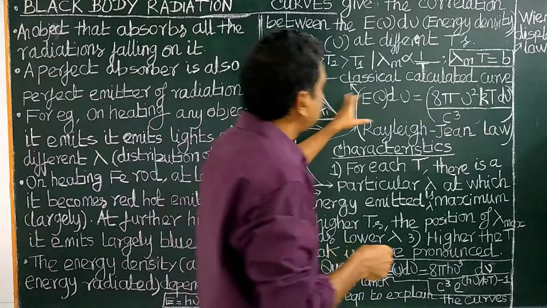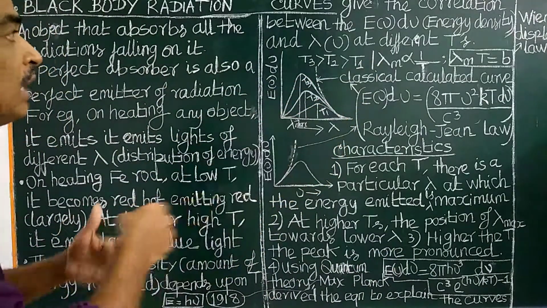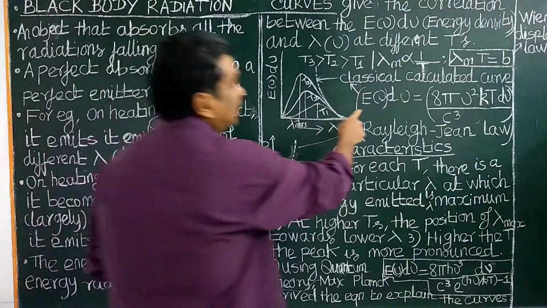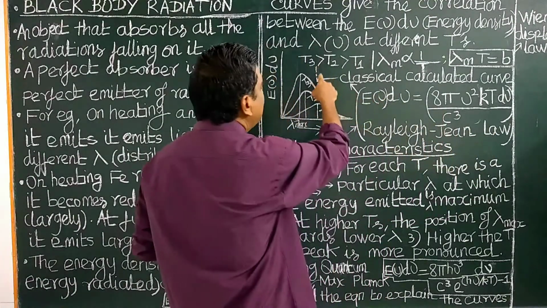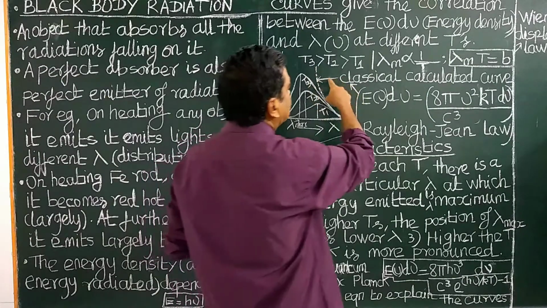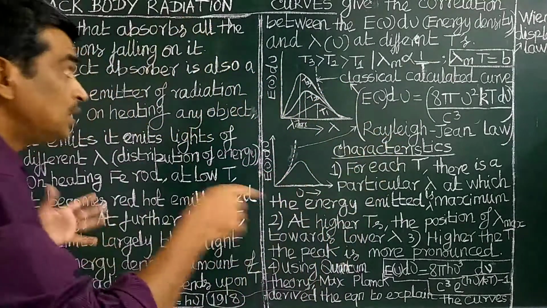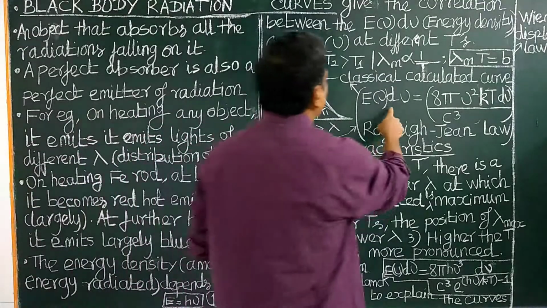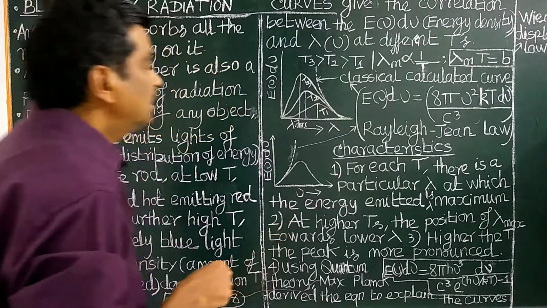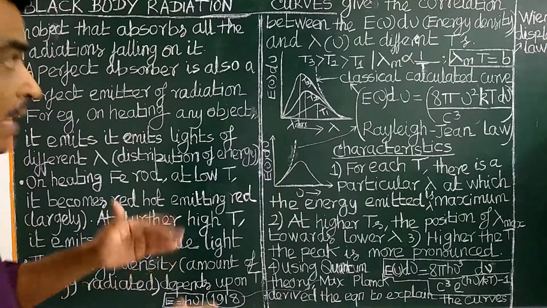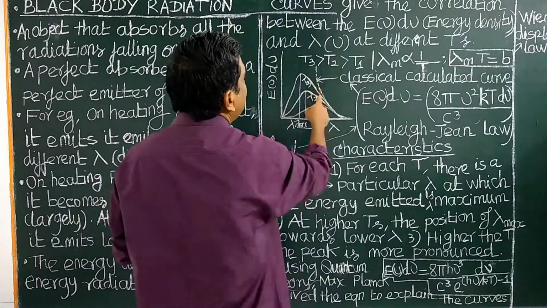Using classical mechanics, the energy levels are continuous. Using the Rayleigh-Jeans law, the calculated curve is shown here; the dotted line curve is obtained. Therefore, the classical theory is inadequate to explain the black body radiation curves.